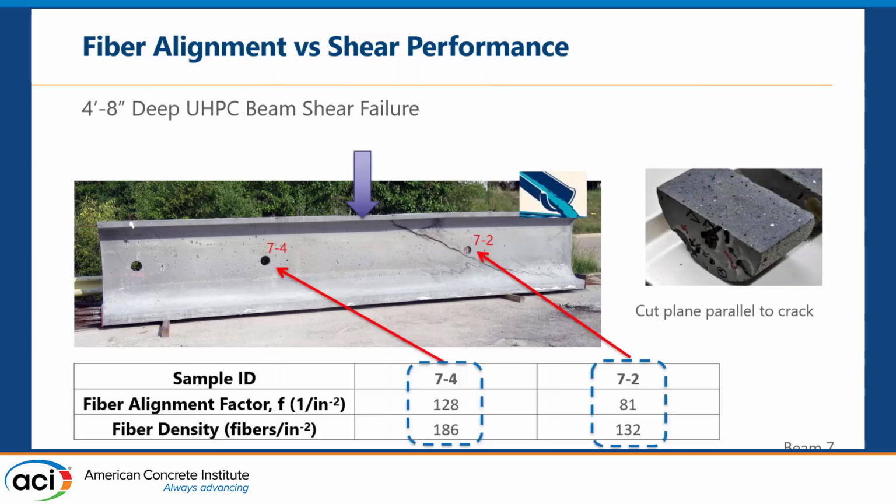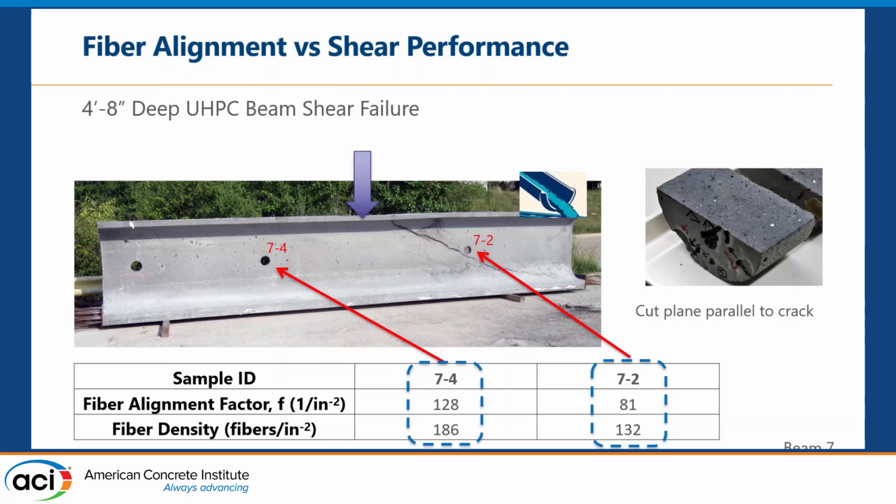After the beam was tested, we took 2 cores out of the beam. Core 7-2 here is next to the failure crack, and core 7-4, location 4 here, is next to another crack, but a much tighter crack. We took the cores and made the cross section parallel to the direction of the crack.